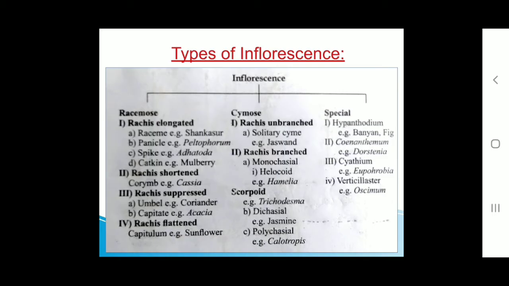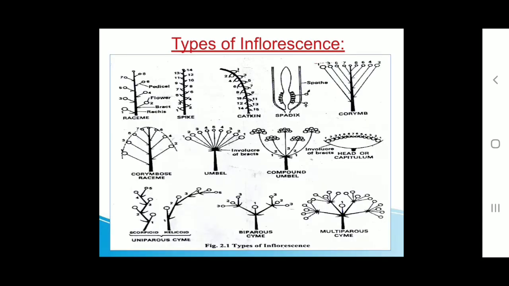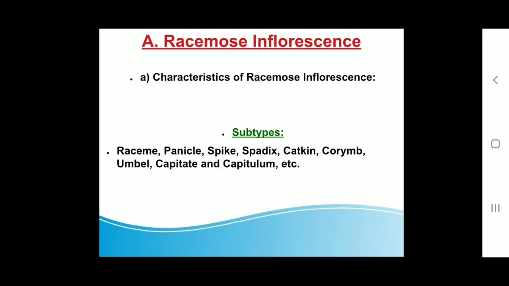The racemose inflorescences are again categorized on the basis of rachis, that is rachis elongated, rachis shortened and rachis suppressed or flattened. On such basis, the racemose type of inflorescences have different subtypes. So first we see the characteristics of racemose inflorescences.